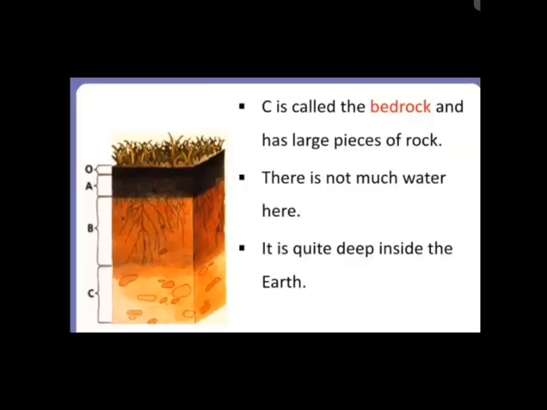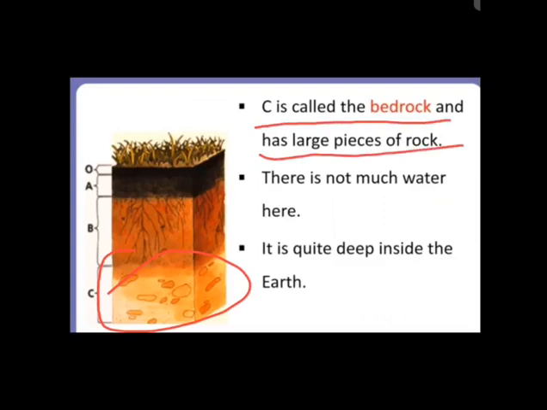Now the next layer, which is at the bottom of the soil profile, is known as the bedrock. So C is called the bedrock, and it has a large base of rock. That is why it is known as bedrock, because it consists of a layer made up of big rocks, and there is not much water here.